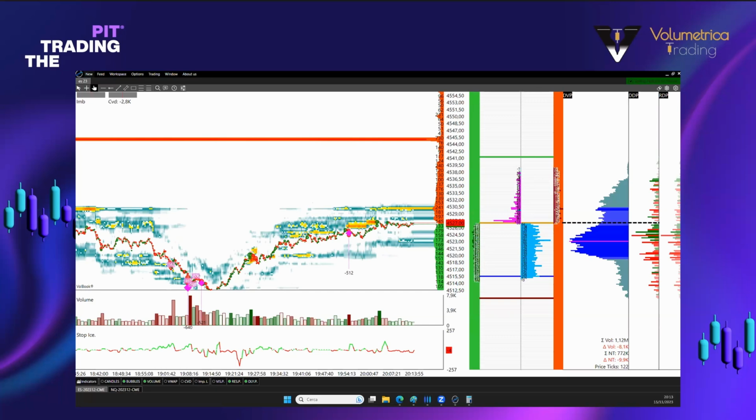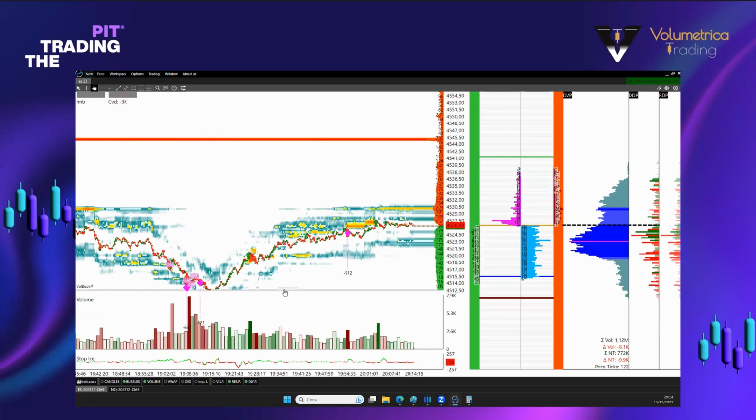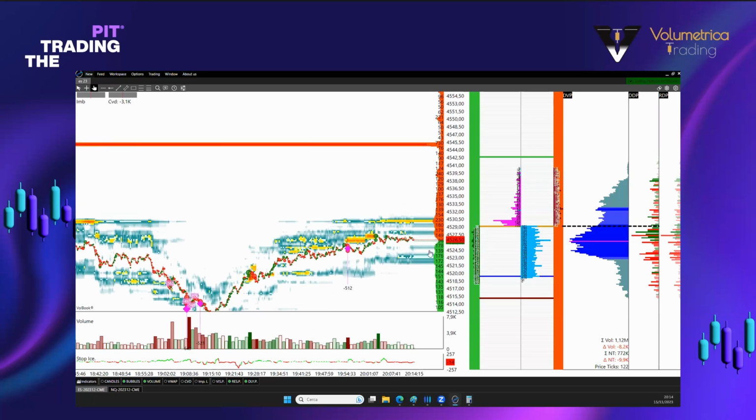Another way we can use the very same principle is when short-term liquidity, which therefore still acts as rejection liquidity, appears below a price move. An example can be seen here.